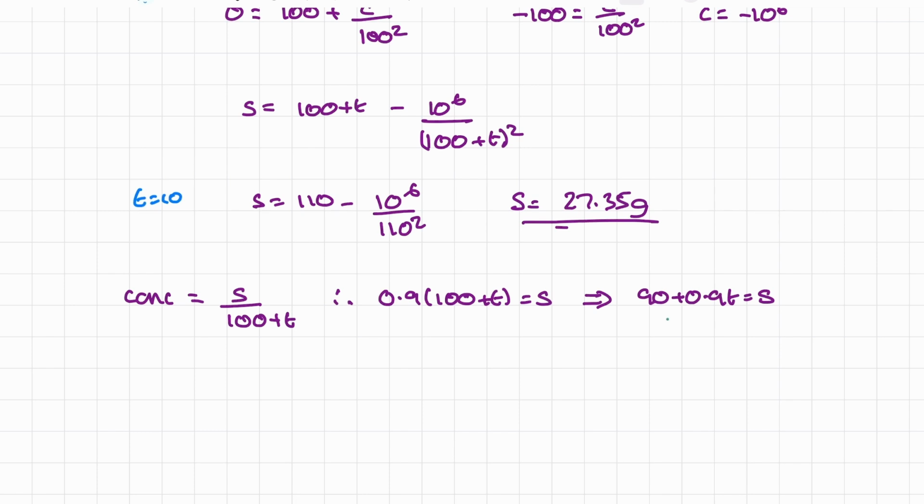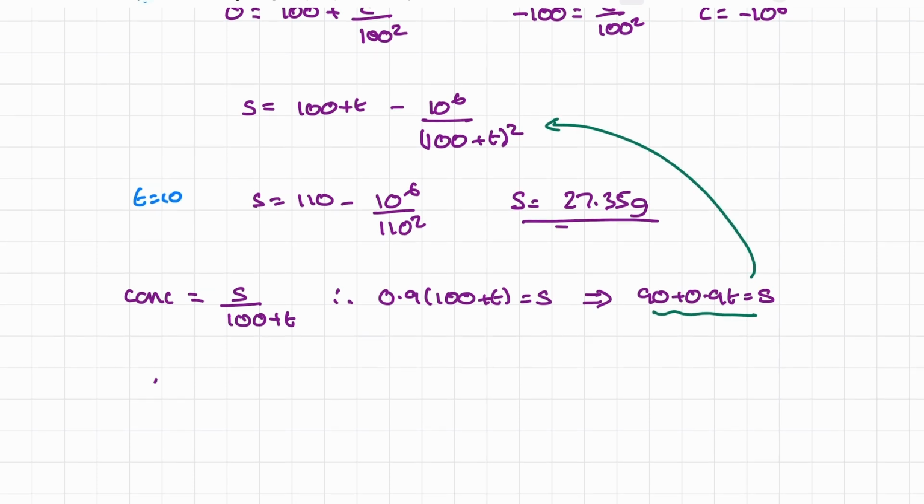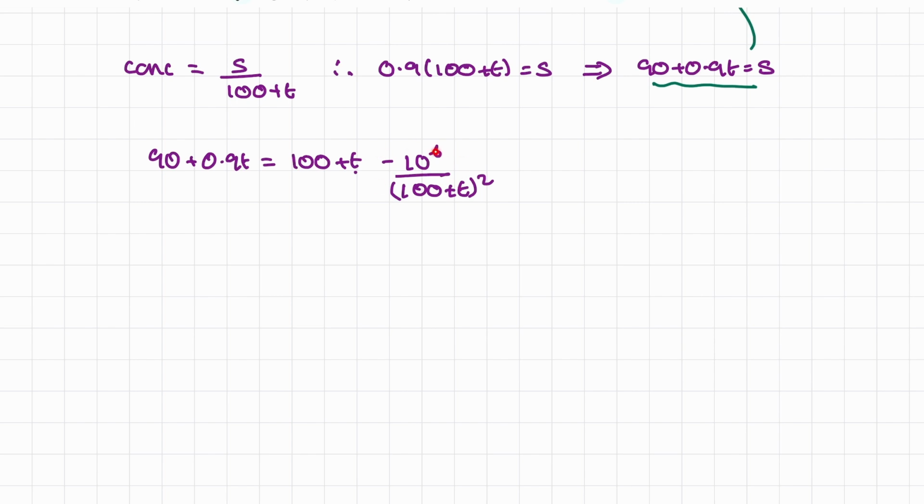And then we can use this value for s in our equation to find out this time. So if we put all of this into here, we'll get 90 plus 0.9t will equal (100 + t) minus 10 to the 6 over (100 + t)². So now we can move this term to the left-hand side and move these to the right-hand side so we can collect the like terms over here.